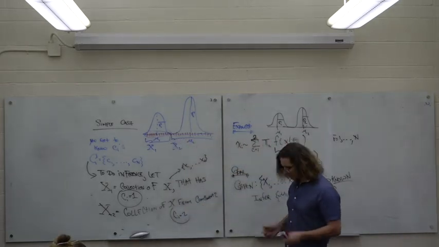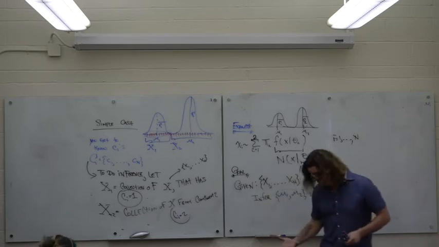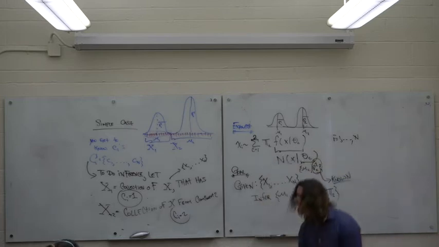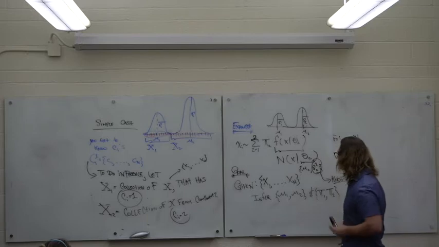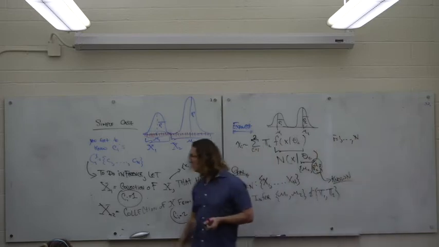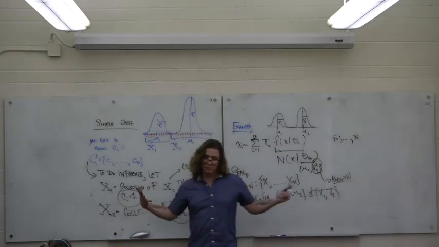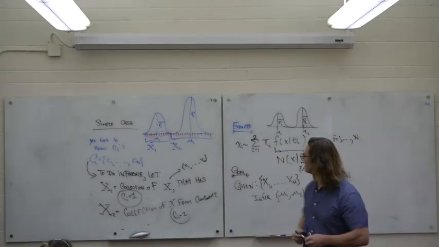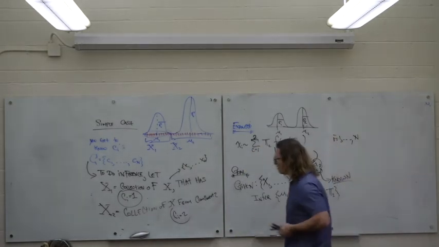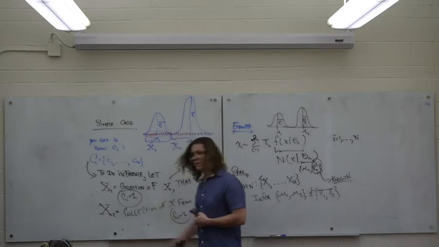Okay, so you have 2 vectors of data. And they can be of different lengths. If pi1 and pi2 are very different from each other, you'll end up having different data sets, different size data sets. So the question is how do you do inference? And the answer is easy.